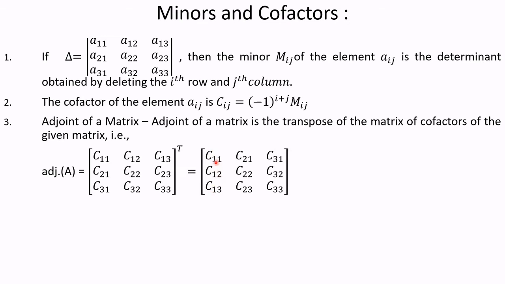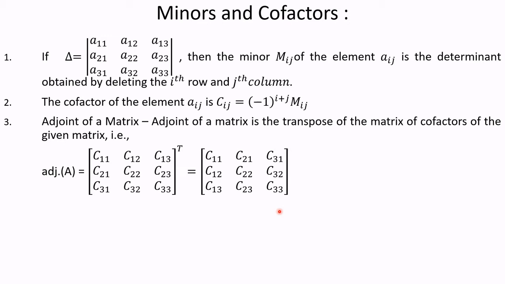Similarly, the second row will be converted into the second column, C21, C22, C23, and the third row will also be converted in the same way, C31, C32 and C33. This is the adjoint of a matrix. We will take up a number of numerical problems on adjoint matrix in this session itself.